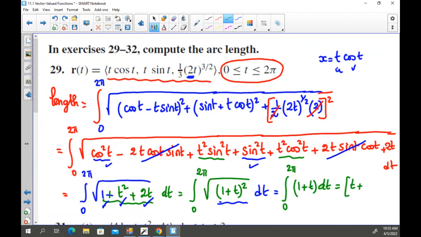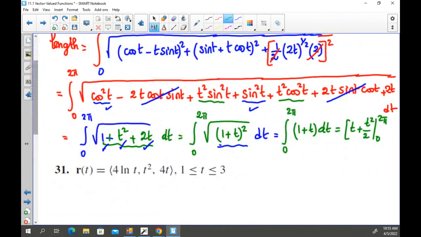So it's t plus t squared over 2, from 0 to 2 pi, and we just substitute, and we get the answer as 2 pi plus 2 pi squared as the final answer of this integral. Is that okay? Yeah, that's it.